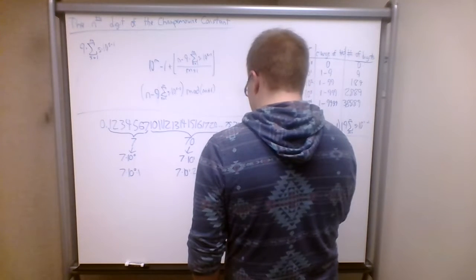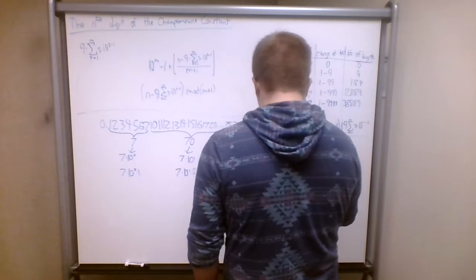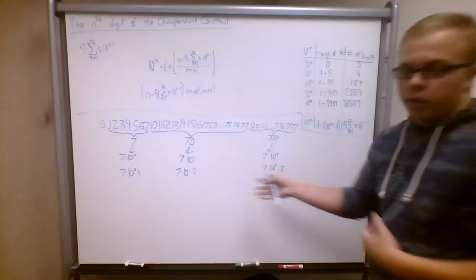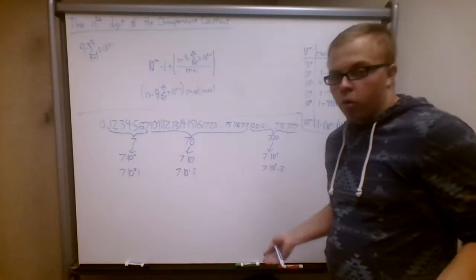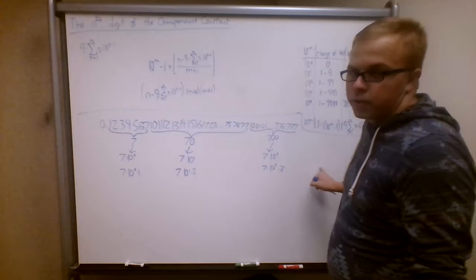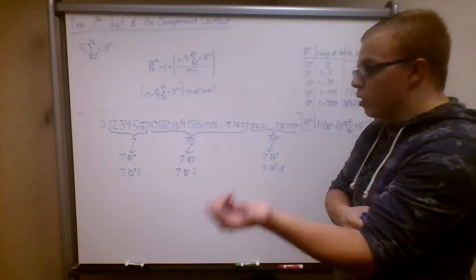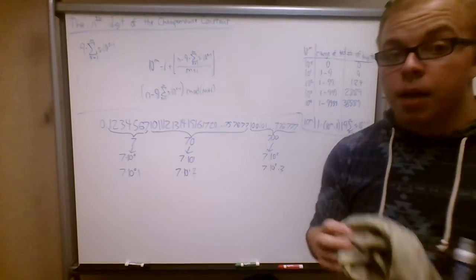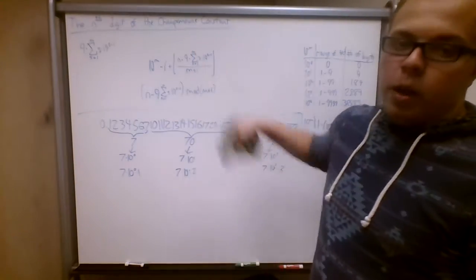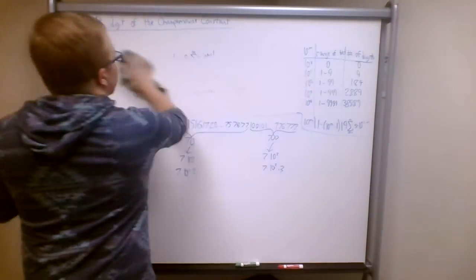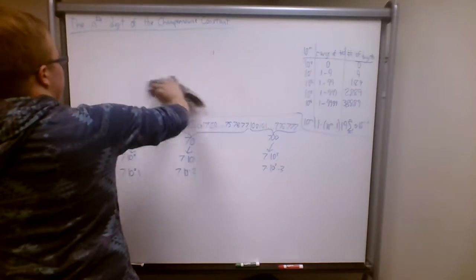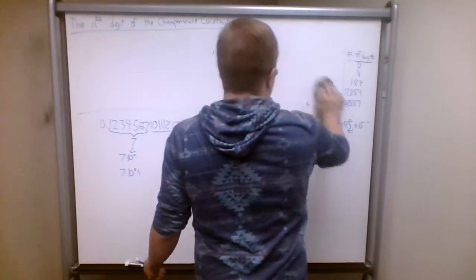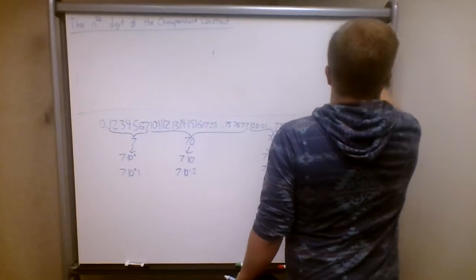Then we have 7 times 10 squared times 3, and on and on and on. This pattern holds. It goes up to times 4, times 5, times 6, and all these numbers go up each time. And that's the same in other bases too. So let's go ahead and erase this top section up here. I'll go ahead and rewrite this here in a second. But it's going to be in the form for any sort of base.